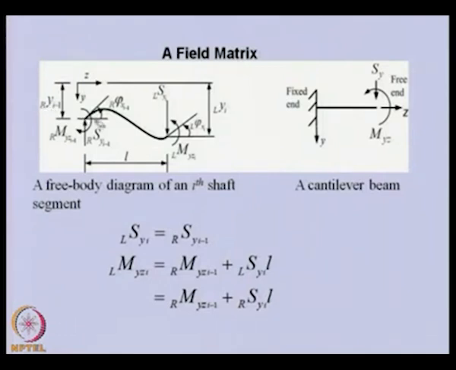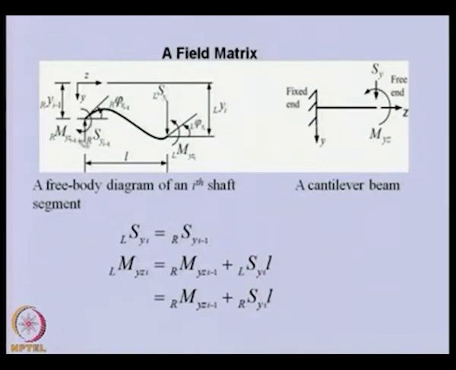Apart from this, there will be slope of the shaft during bending. So, that slope we are representing by phi I minus 1 with subscript r. So, these are the two field variables, linear displacement and angular displacement, for representing the displacement of the shaft at I minus 1th disk. Apart from this, we will be having the shear force.